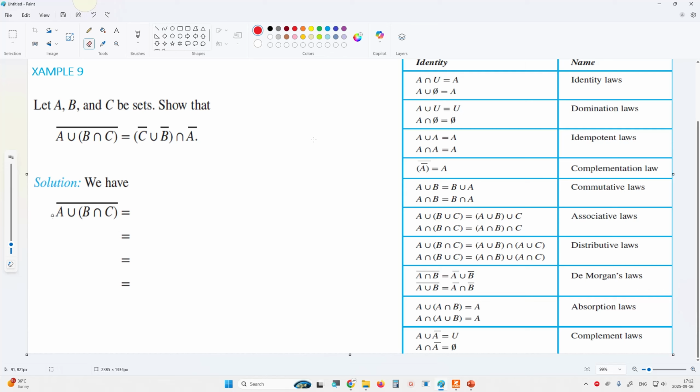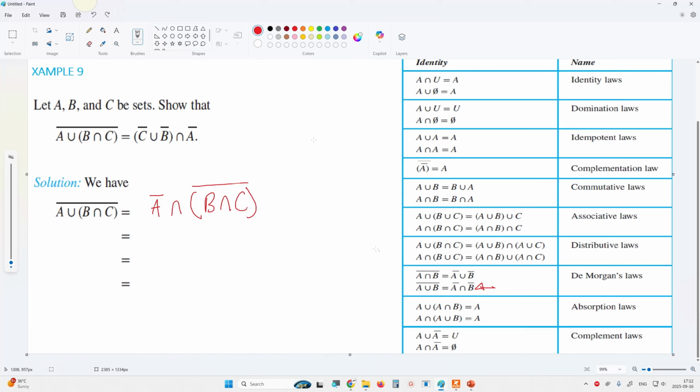So if we have something like this, this is going to be equivalent to the complement of A intersection the complement of B intersection with C. This is the complement of the whole thing, right? I just applied De Morgan's law. This is my A and this is my B. The whole thing is my B, where I'm going to use this one here.